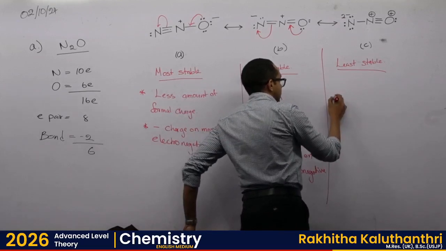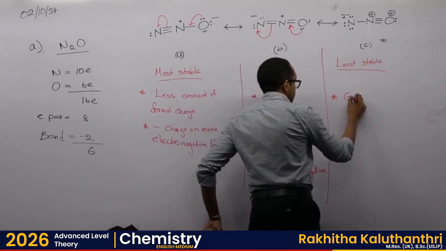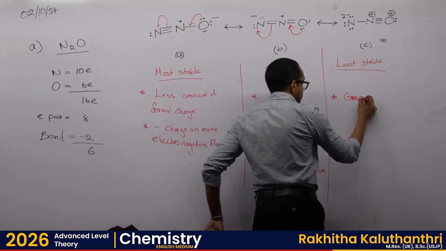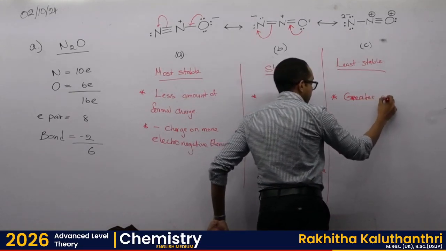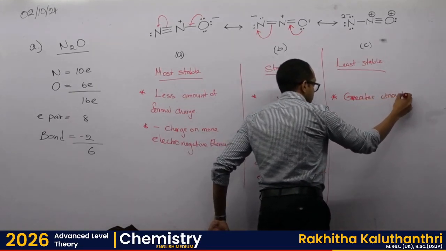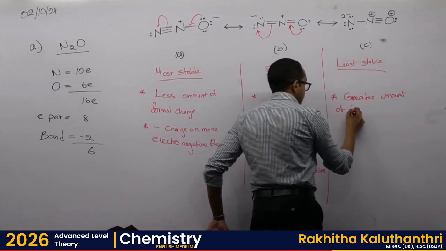This one is least stable because it has a greater amount of formal charges.